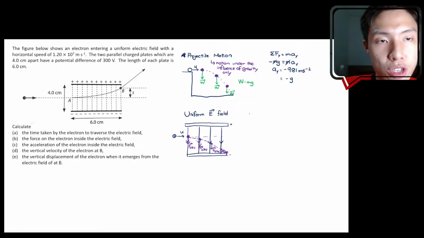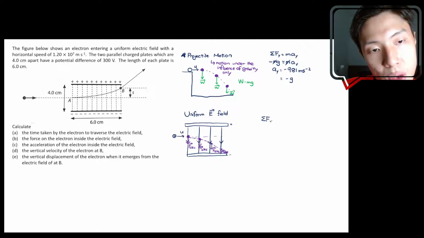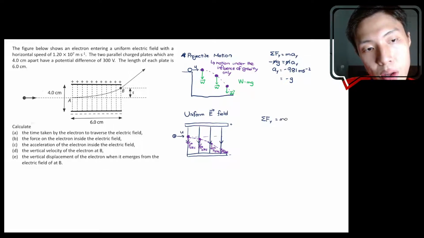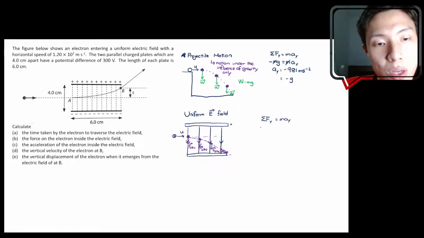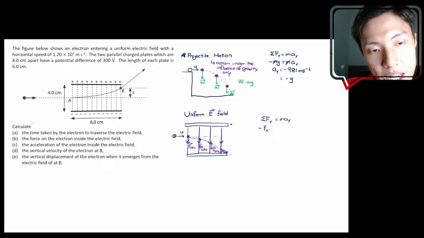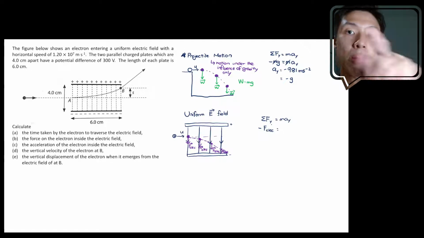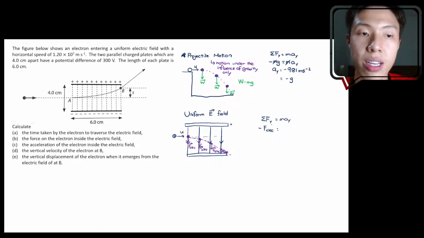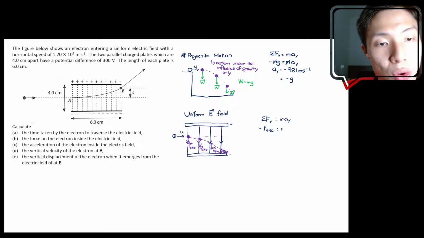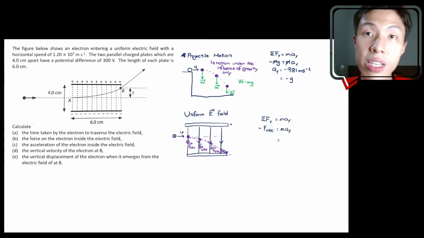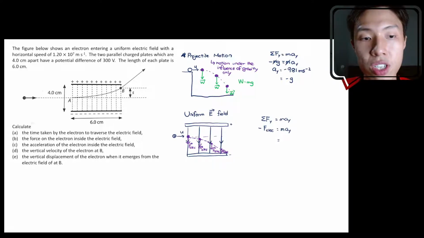Now in a uniform electric field, if we do the sum of F_y equals m a_y, you'll find that the only force acting on the charge over here will be equal to negative of F_electric. The electric force is a magnitude, so it will be a positive value, but you attach a negative because it's pointing downward. Then it's equal to m a_y. How do you find the electric force acting on the charge?